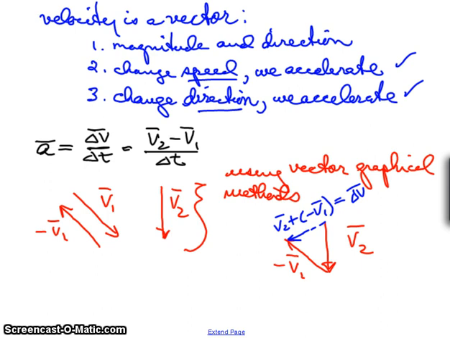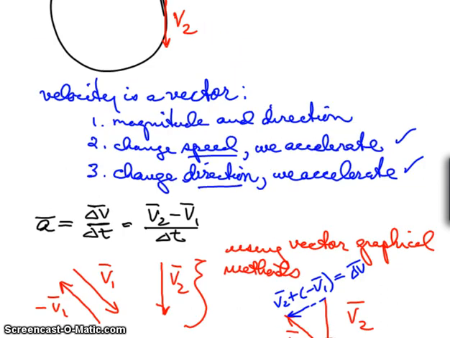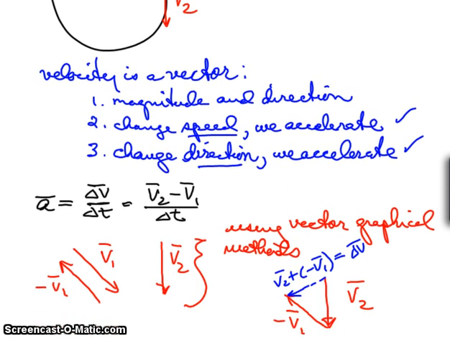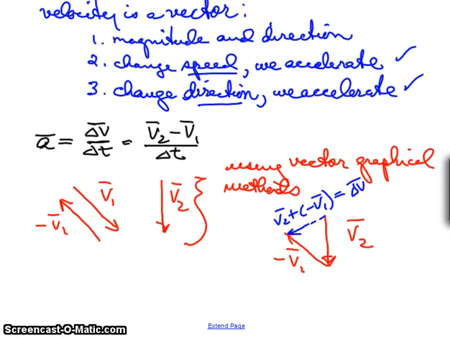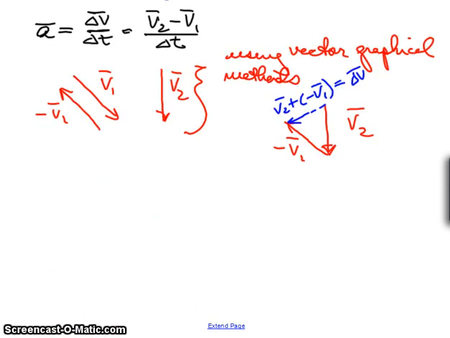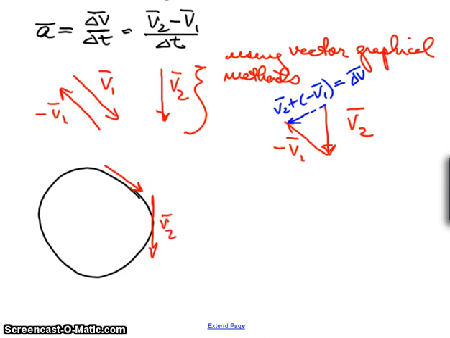Now, what's interesting about this is look at the way it's pointing. We drew our circle. I'll go back up there again. There's our circle, and it's pointing inward. Let's draw the circle again. Here's my circle. Not a great circle, but there it is. V1 points like this. V2 pointed like that.